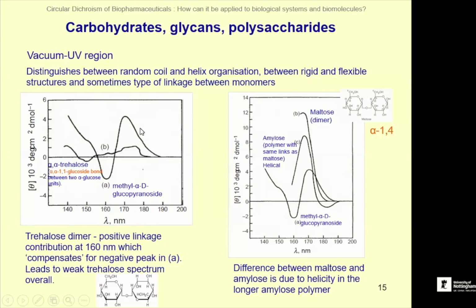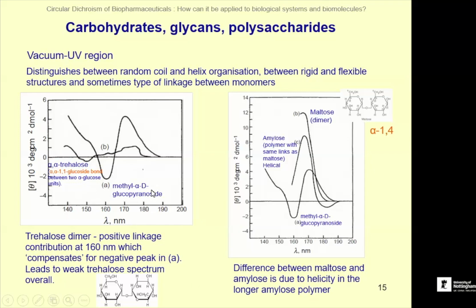This is a glucose molecule, glucose spectrum shown here, all the way down to 140 nanometers, which is quite an achievement to get down to that wavelength.